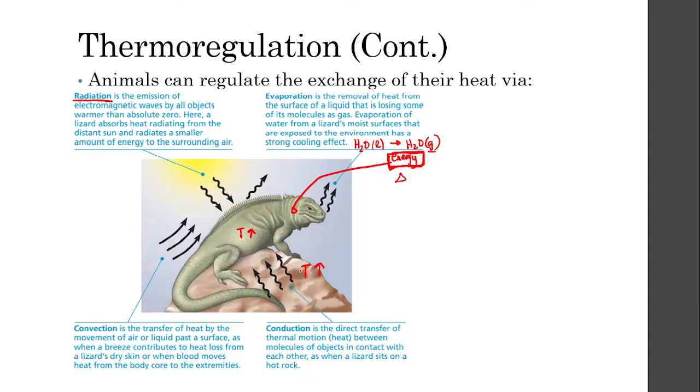If the temperature of the rock is higher than the temperature of the animal, some of the heat will be transferred to that animal. But if you change this, and you have a temperature that is higher than the thing that you contact, then the heat would be transferred from your body to that object.